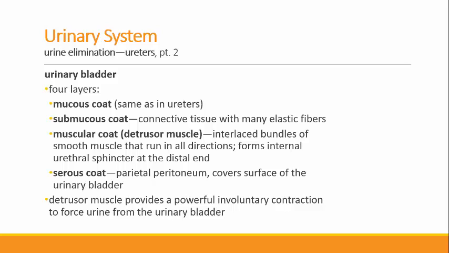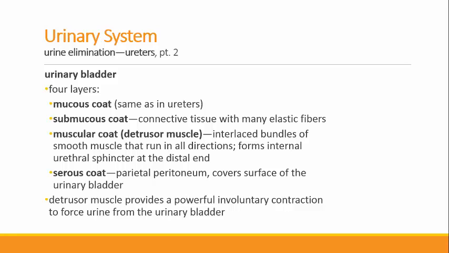The fibers run in every different direction, and it creates a strong muscle that when they contract causes a squeeze in all directions. You get force produced that is uniform across the urinary bladder.